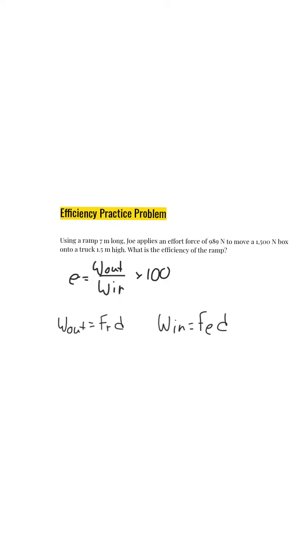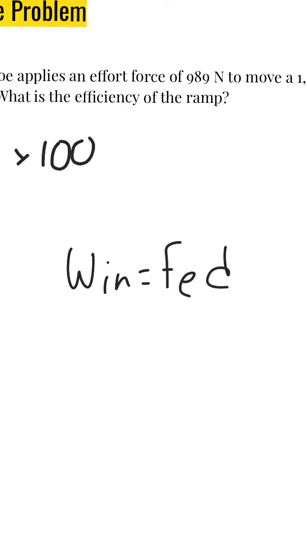Okay, so if we look at work out first, we're using a ramp that is 7 meters long. Joe applies an effort force of 989 newtons to move a 1500 Newton box. It may actually be easier to pick out which one is the effort force. Joe applies an effort force of 989 newtons. Okay, so we know that this effort force is 989.